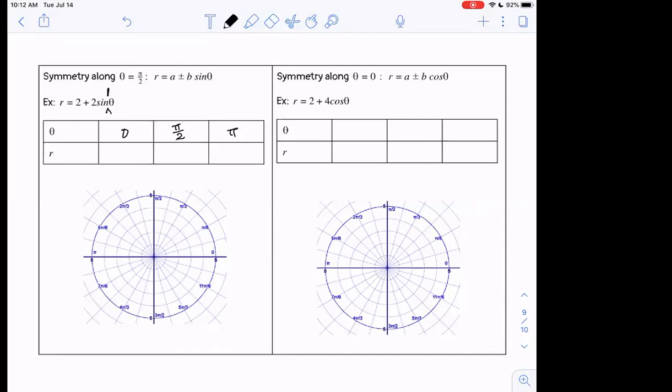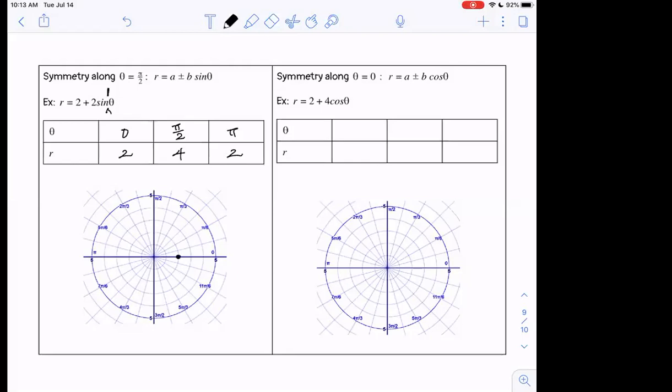So what do we get? When we plug in 0, we're going to get an r value of 2. When we plug in pi over 2, we're going to get an r value of 4. And when we plug in a theta value of pi, we will get 2. Okay? So let's plot those points and see what we get. At an angle of 0, I'm going to go out 2 circles.